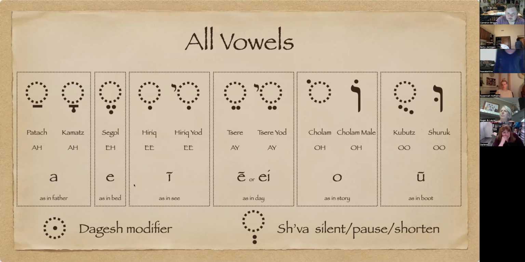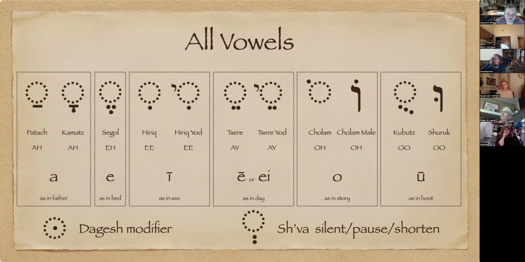So there will be some times when you'll see a patach with 2 dots to the right of it, or you might see a shava following a tzere or following a hirik. So you're going to see like 3 dots in that kind of a case. Anytime that you see vertical dots like this, know that it's a pause.